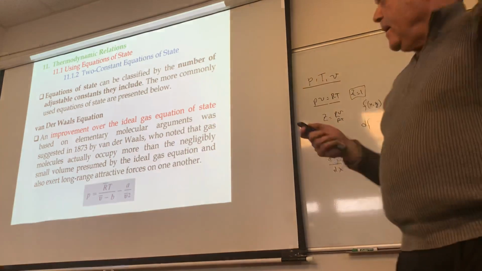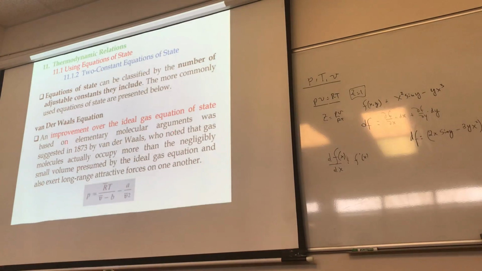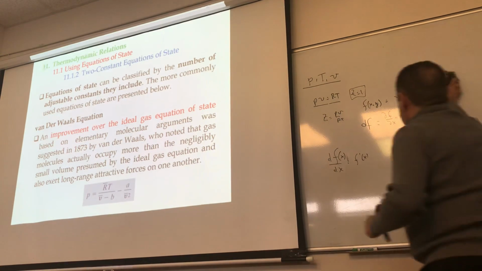We say that the molecules occupy a small negligible volume, presumed by the ideal gas equation, and he said that, hey, those molecules actually exert forces between them. We don't need to really know the details about it, except that he just says this.